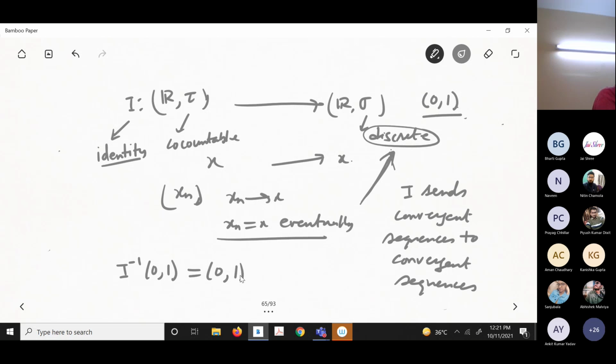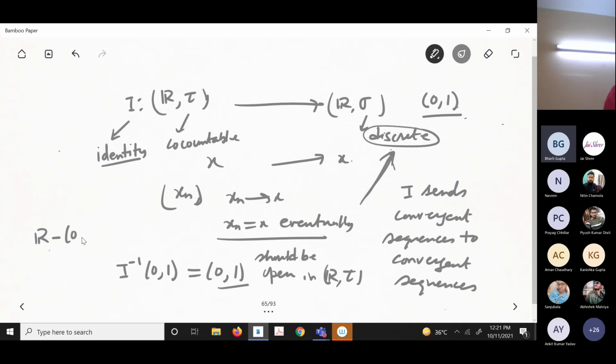So it should be open in R with tau, the co-countable topology. That means its complement should be at most countable, but its complement is uncountable. So this is not open. So that means I is not continuous.